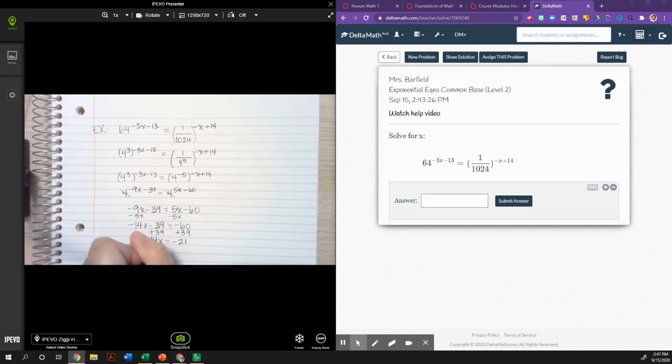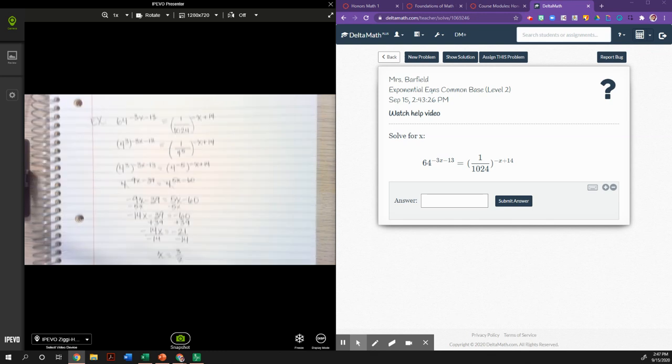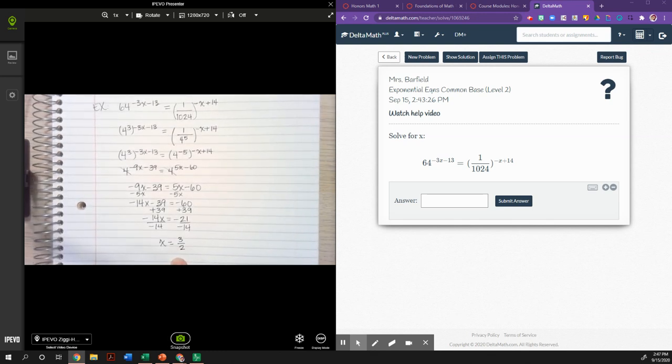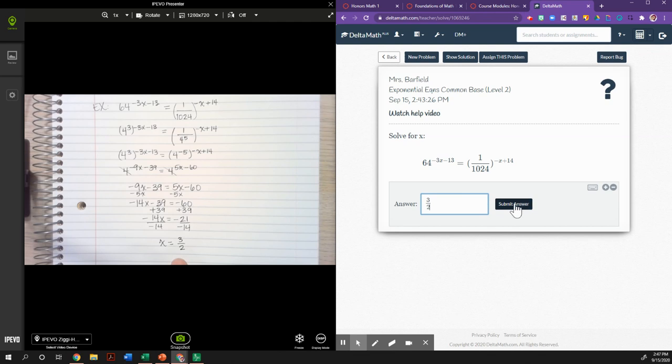I'm going to divide by negative 14. I'm going to get a fraction, that's okay. I'm going to divide those by 7, and that gives me 3 over 2. It's positive because a negative divided by a negative is a positive. So my final answer here is 3 over 2.